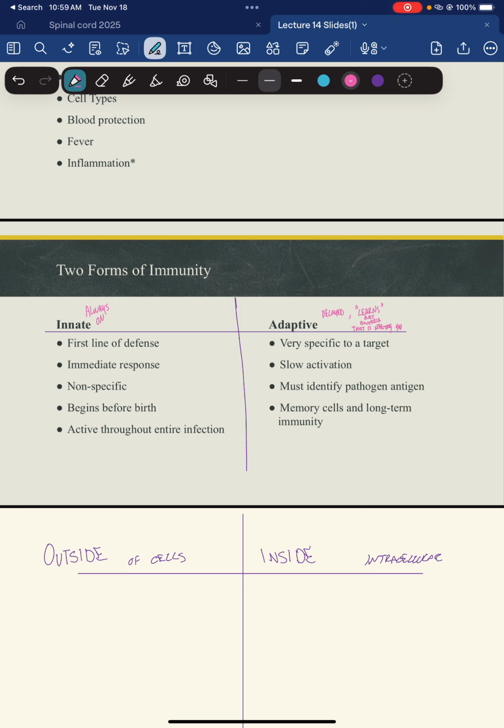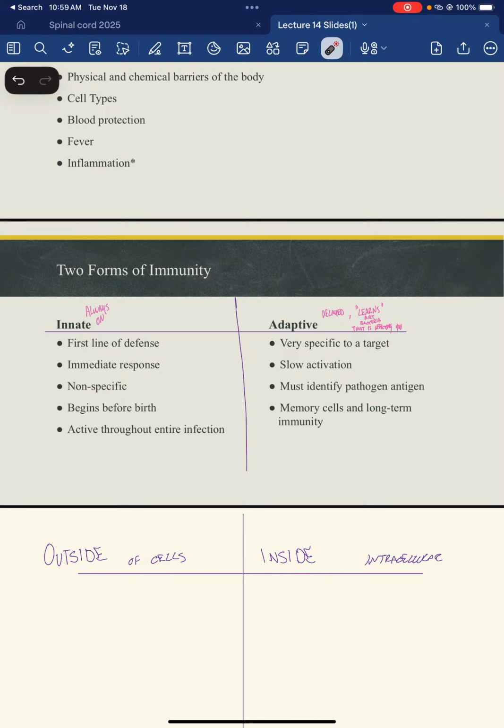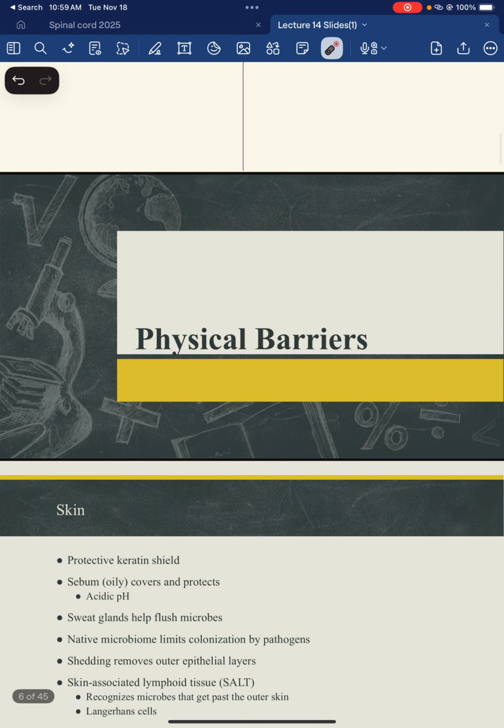The adaptive is also what protects you from recurrent infections. And we'll go through all the details about all of this stuff. Today, we're primarily just going to be focusing on this innate column over here, though. So let's run through a couple of physical and chemical barriers.